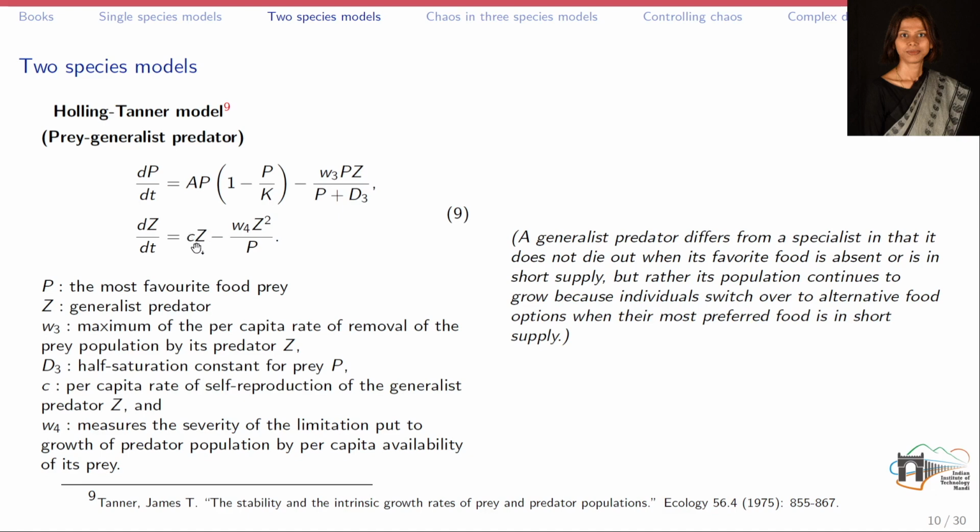C is the per capita rate of self-reproduction of the generalist predator Z, and this W4 measures the severity of the limitations to the predator population by per capita availability of its prey. As in the case of limited supply of prey, there would be limitation of growth of the predator population as well. So this is minus W4 Z squared upon P.